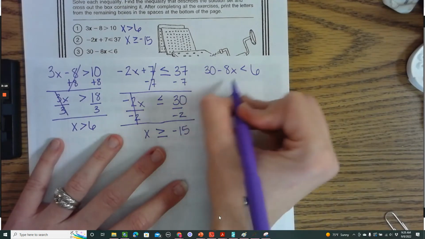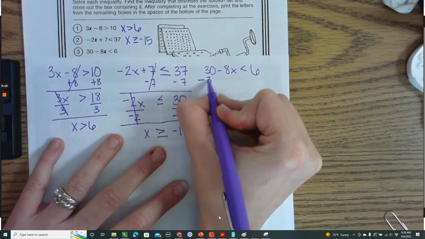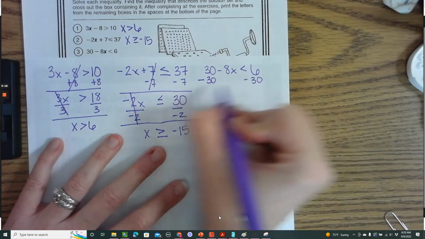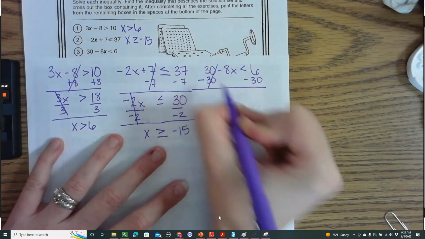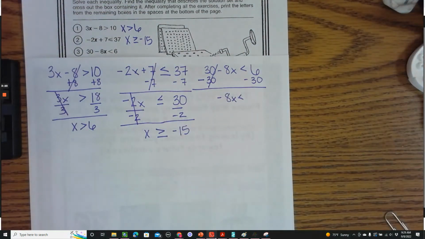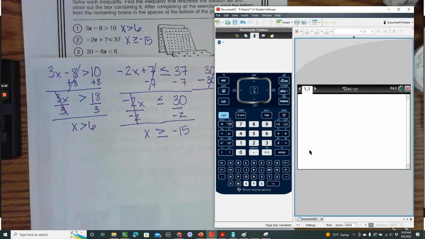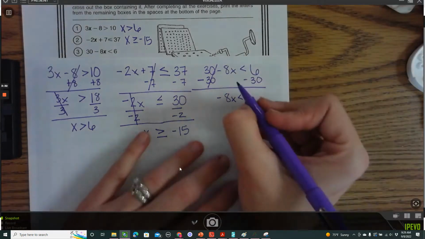Remember, get things away from the x. So the plain old numbers is what we want to get rid of first. It's positive, so we subtract it. Okay, so 6 minus 30. And so for the little calculations, you can use the calculator for that kind of stuff. 6 minus 30, that will still work.